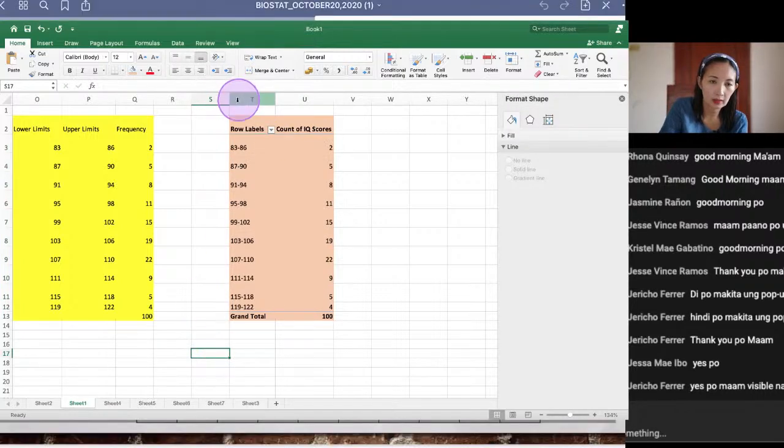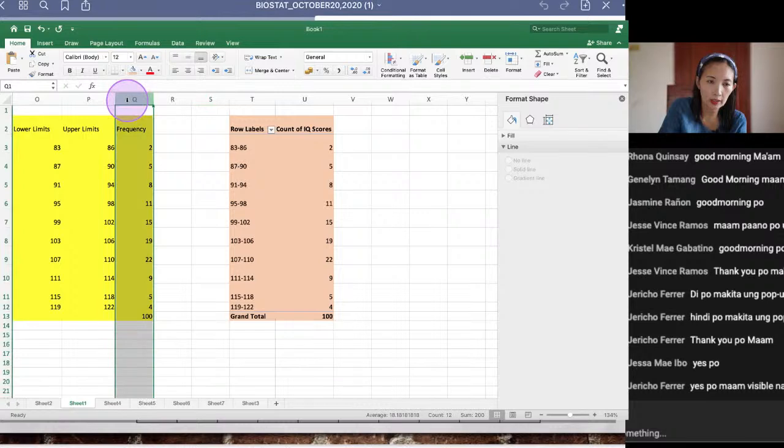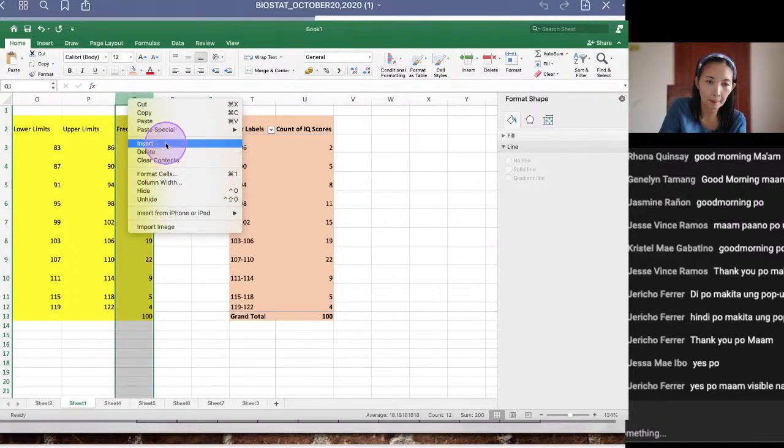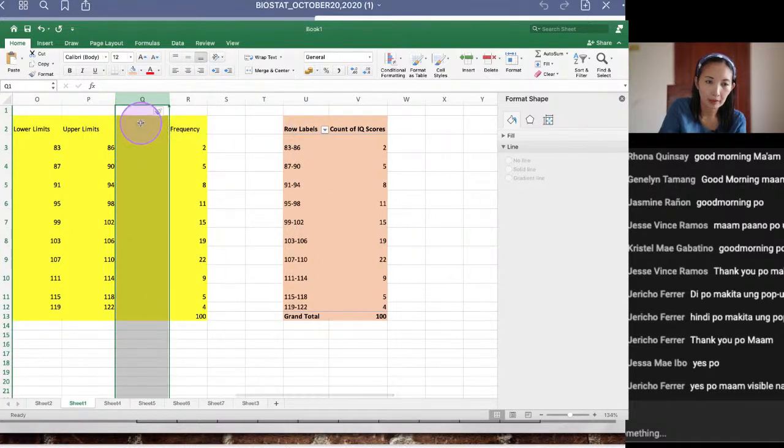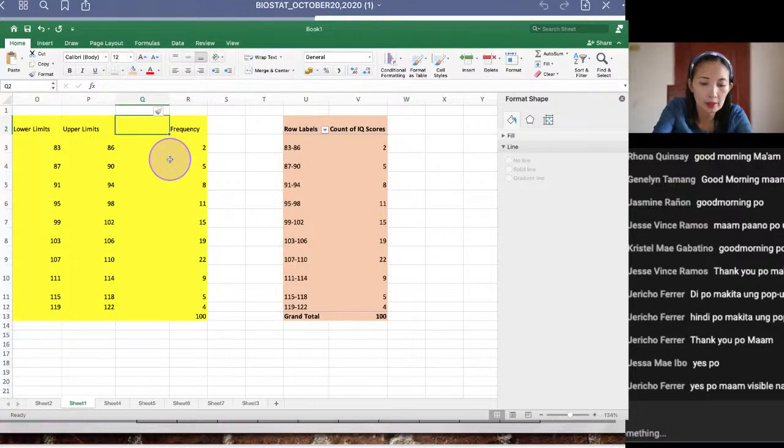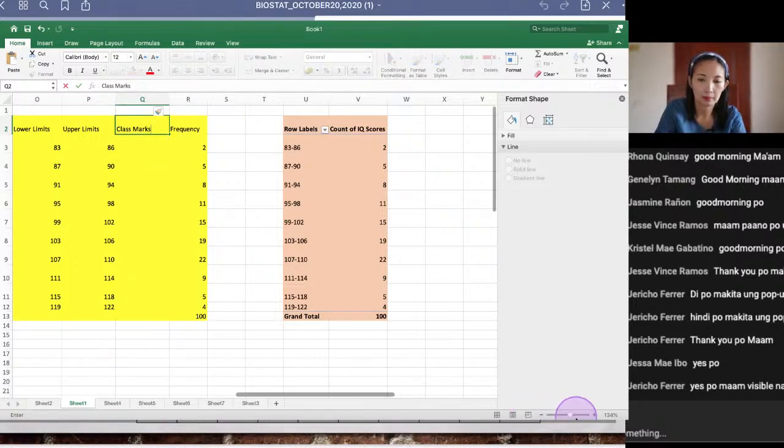Let's insert one column here for class marks or midpoints. This is from the previous table.